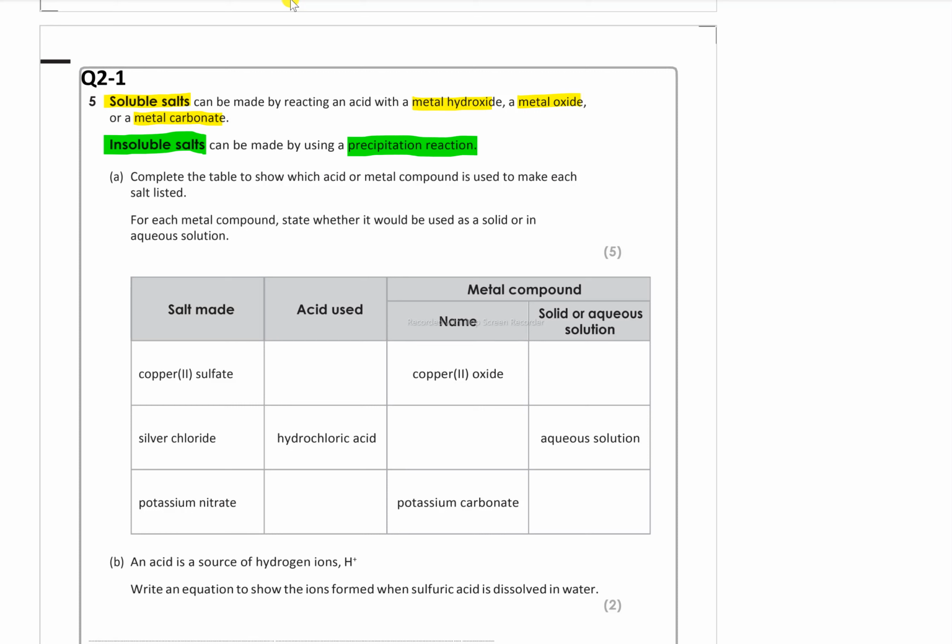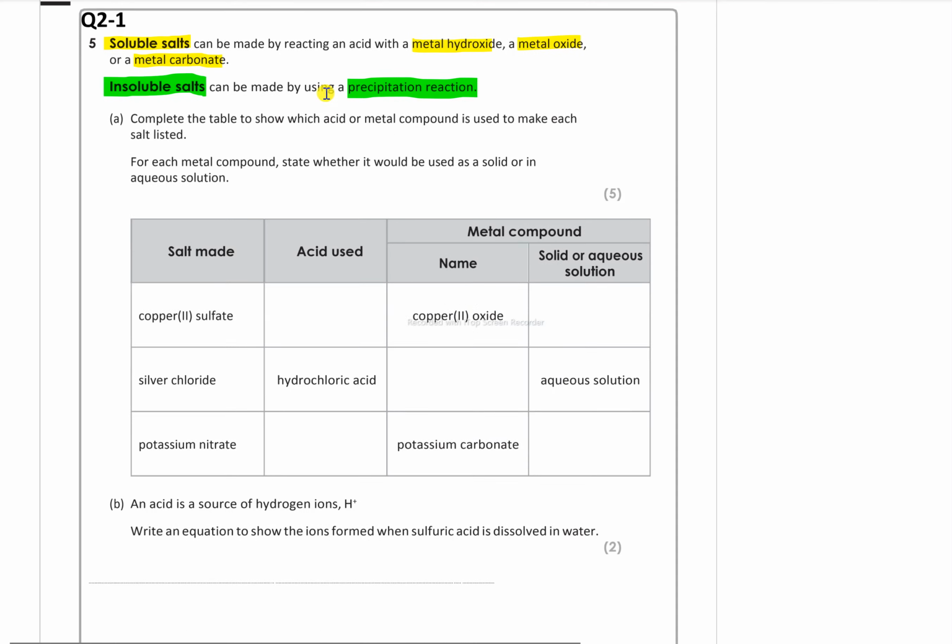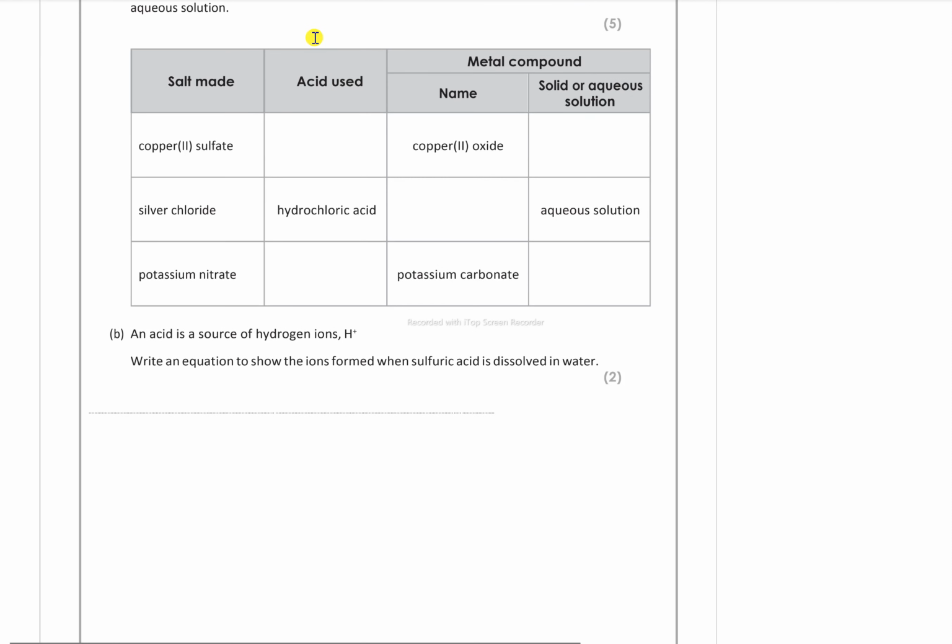That's when you react two solutions, and you get a precipitate, and that's the one that you filter off, wash, and leave in a warm place to dry. So now we need to complete these. Right, copper sulfate. If I want to use an acid, it'll be sulfuric acid.